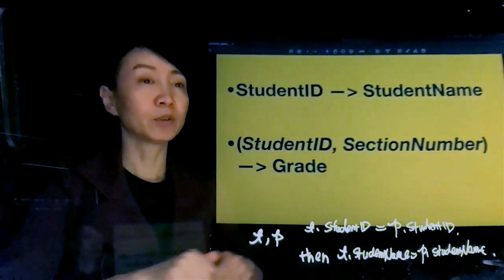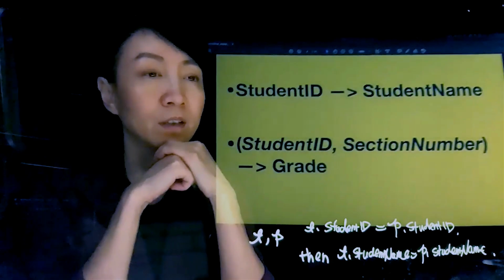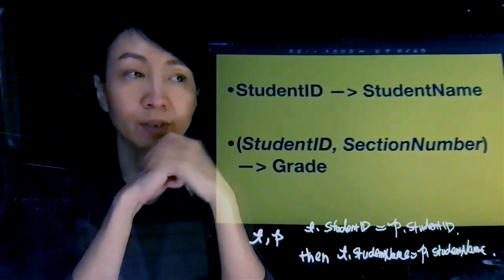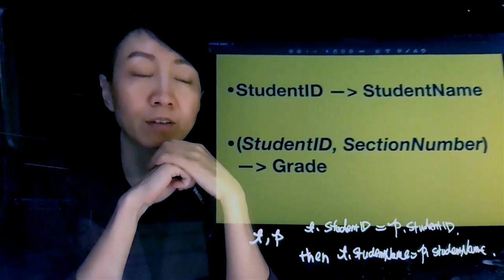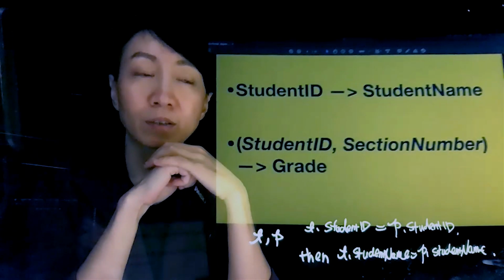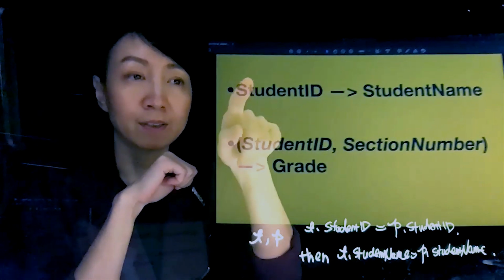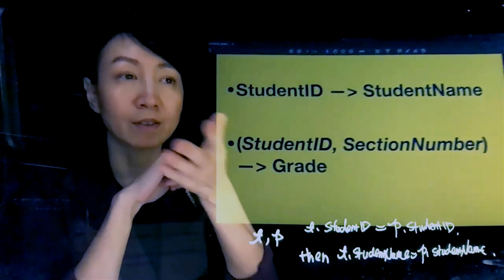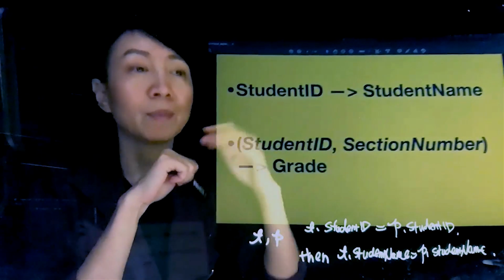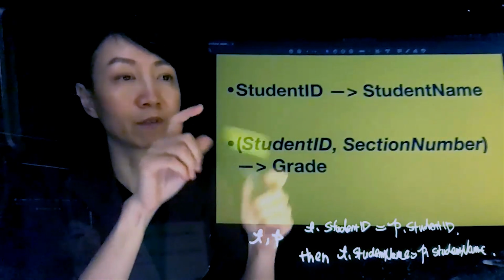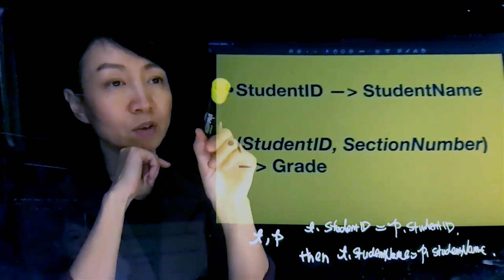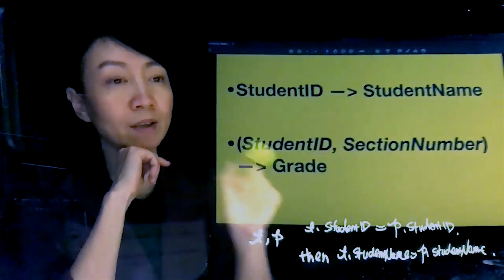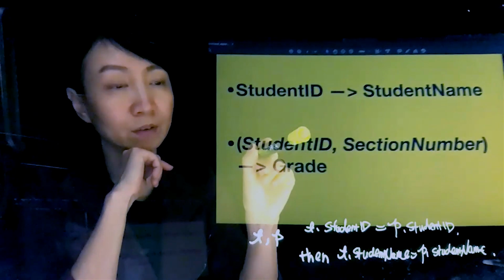This one implies if we have two rows or two students who have the same value for the set A, where set A is the determinant on the left-hand side of the functional dependence, if they have the same value for both student ID and section number, they must have the same grade.